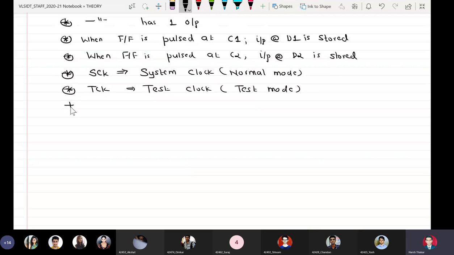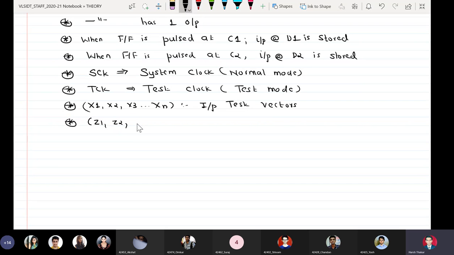So what are x1 to xn? Very simple. x1, x2, x3 up to xn are called input test vectors for testing.